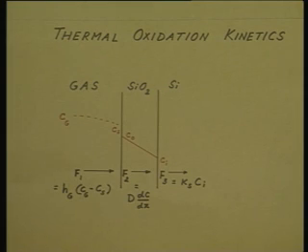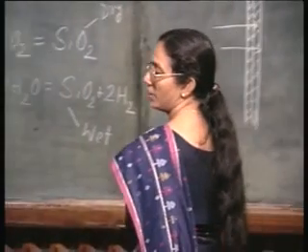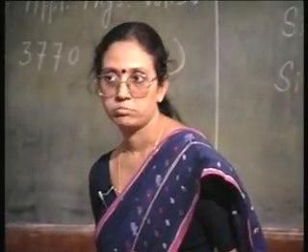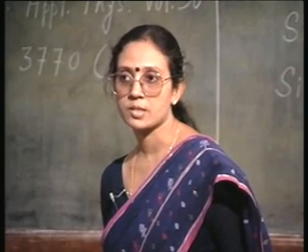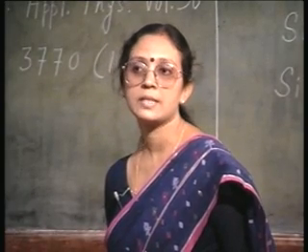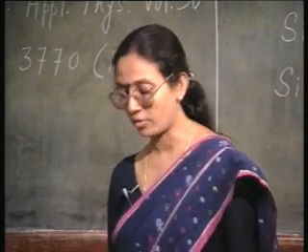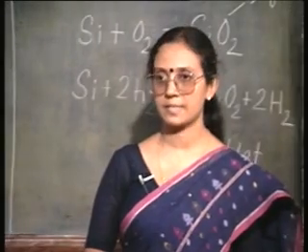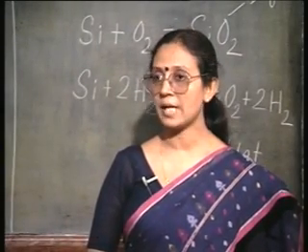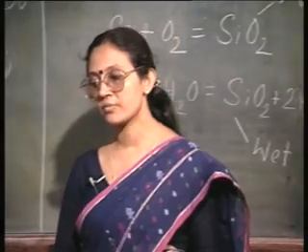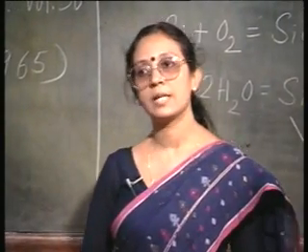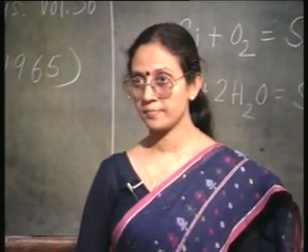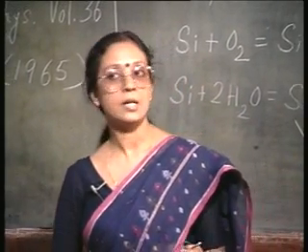Now, what are the processes that must take place in order for the oxidation to go on? First of all, we have oxidizing species in the gas. From the gas stream, it must be transferred to the oxide gas interface. So, that is number 1.